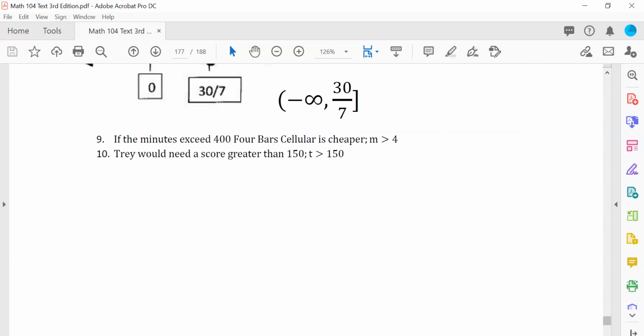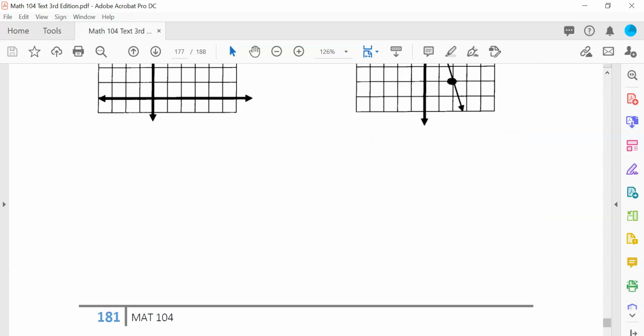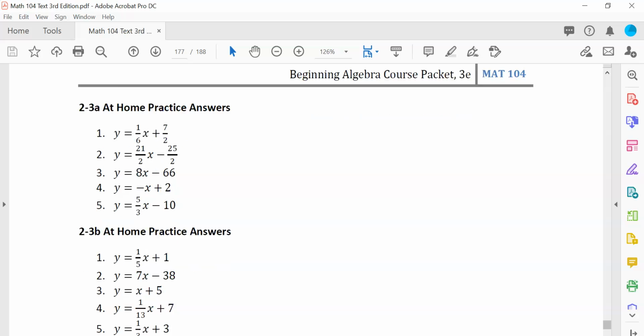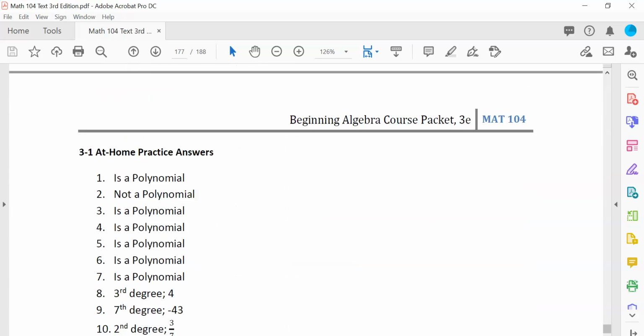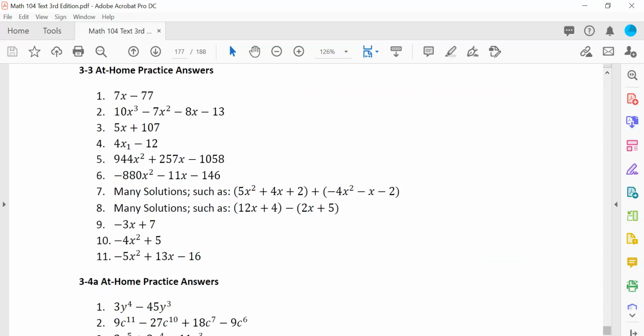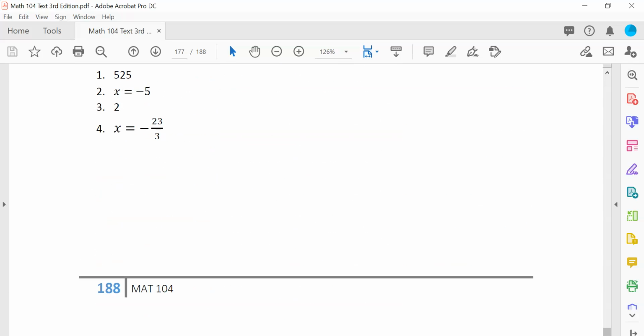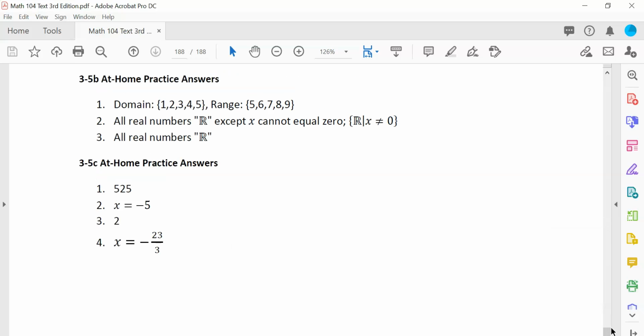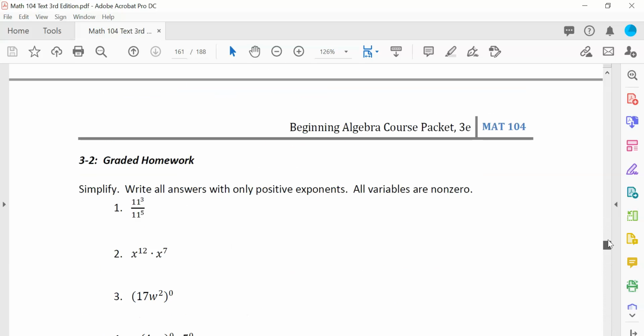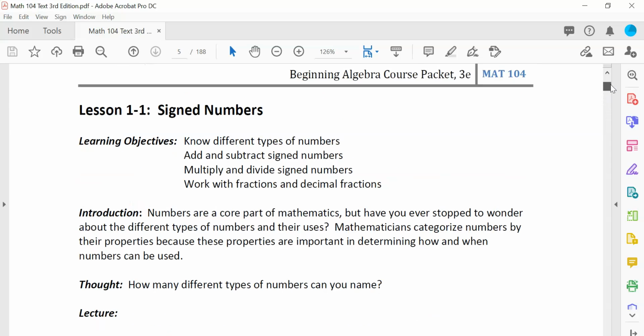That's for every section that we're going to go over, not just 1.1, obviously. Yeah, so all of these at-home practice problems are in the appendix at the back of the book.